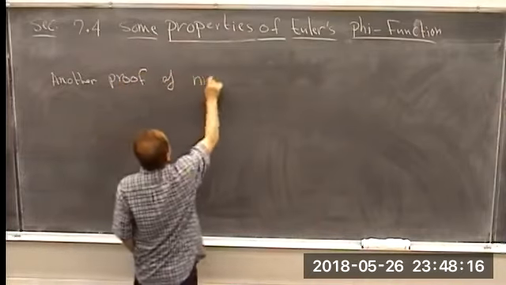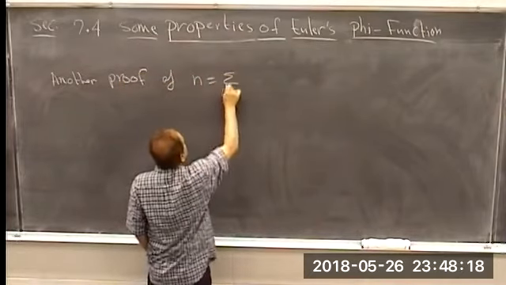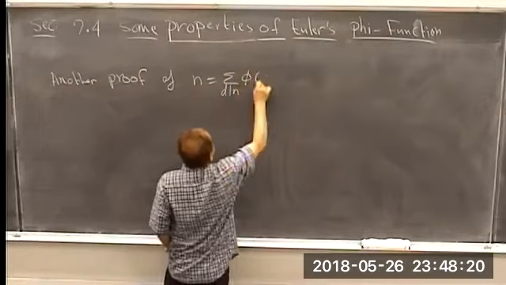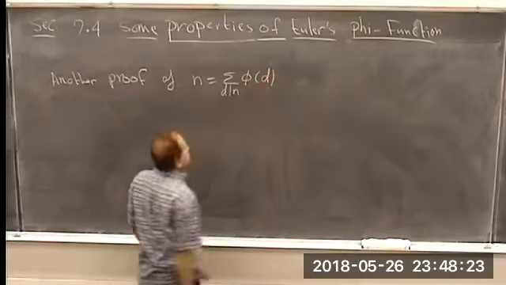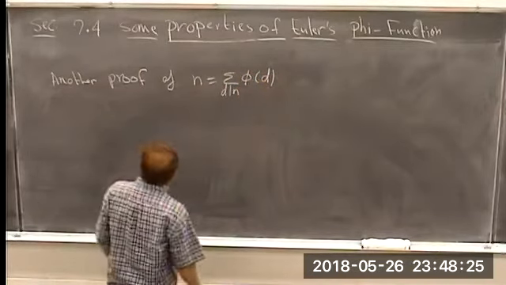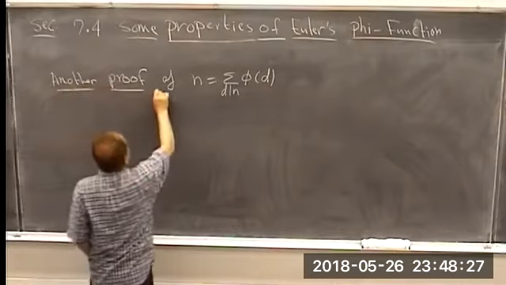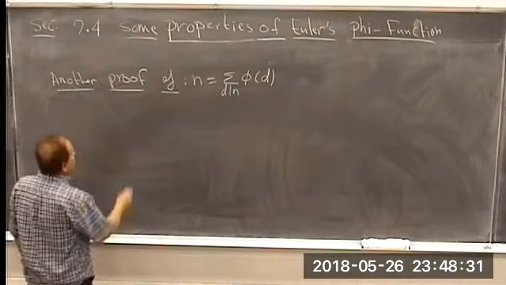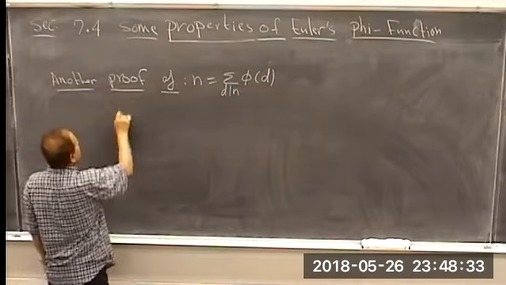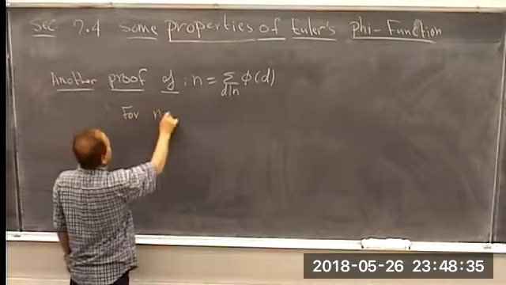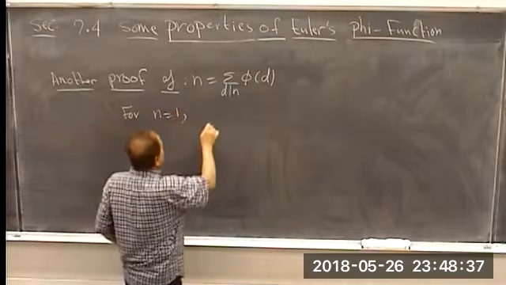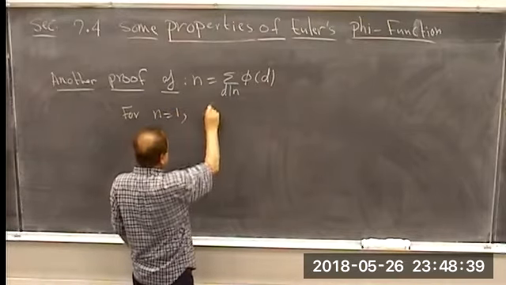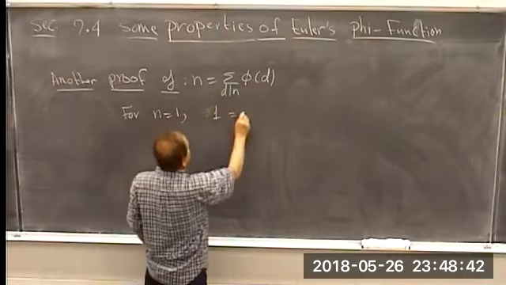Of n equals the sum over d dividing n of phi of d. All right, let's start with the case n equal to 1.